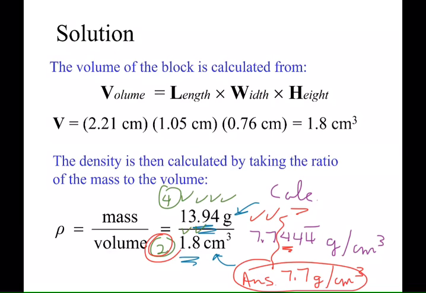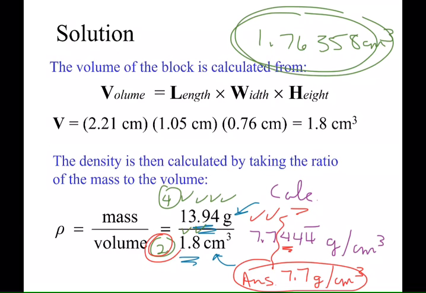So now I mentioned this is a little bit controversial. The deal is what if I were to take the unrounded value that I had written up here? The unrounded value up here for the volume is 1.76358 centimeters cubed.